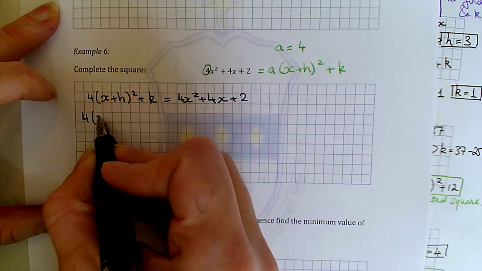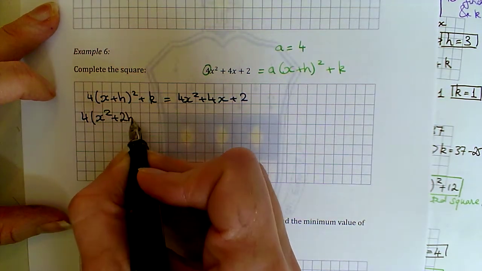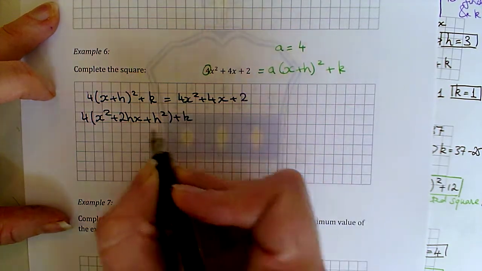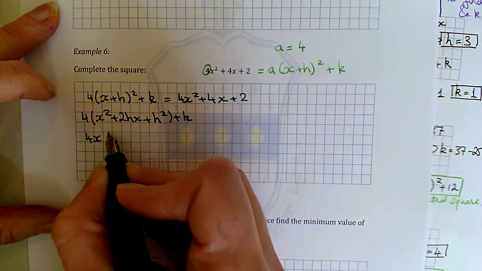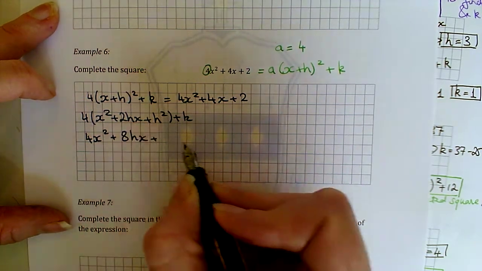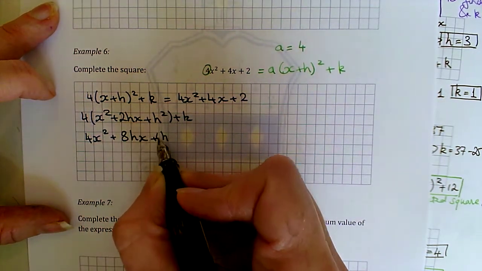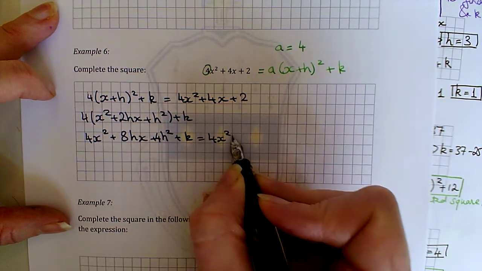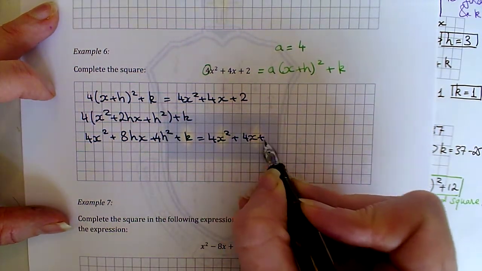And I square out my brackets, x squared plus 2hx plus h squared plus k. I'm not going to write that down every time. I'll write it down once I've tidied this up. 4x squared plus 8hx plus 4h squared plus k equals 4x squared plus 4x plus 2.